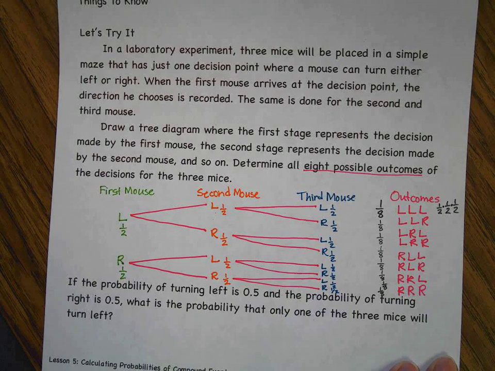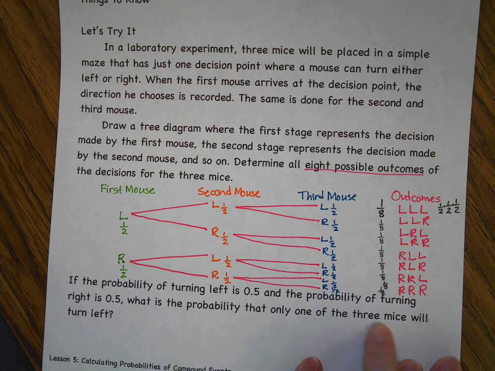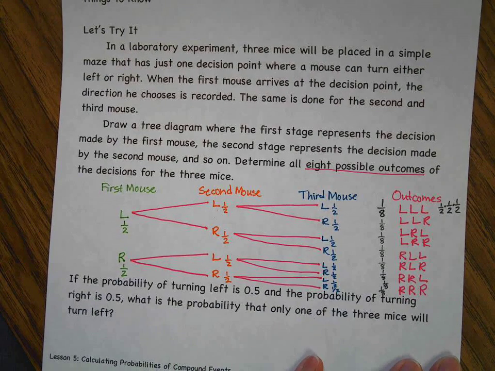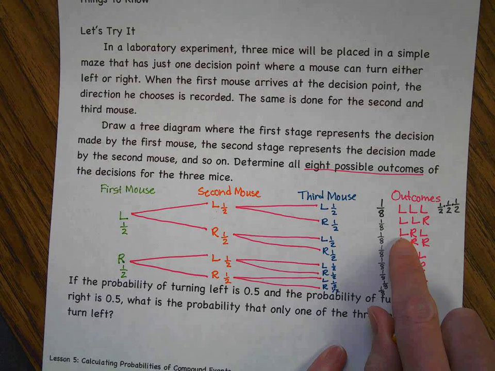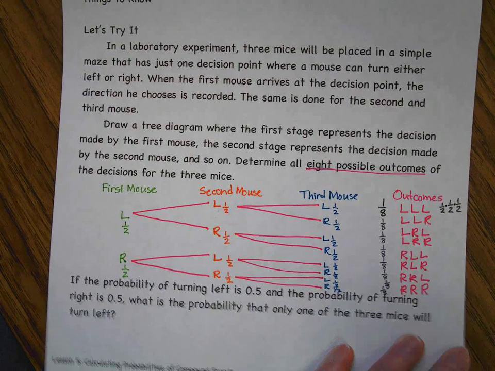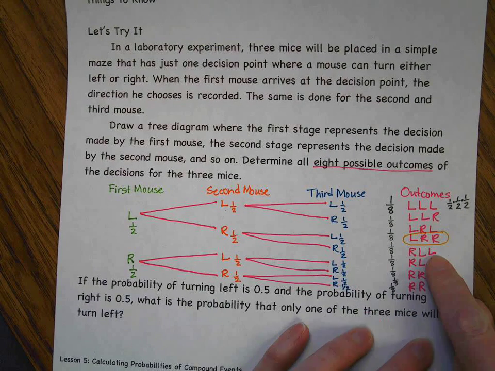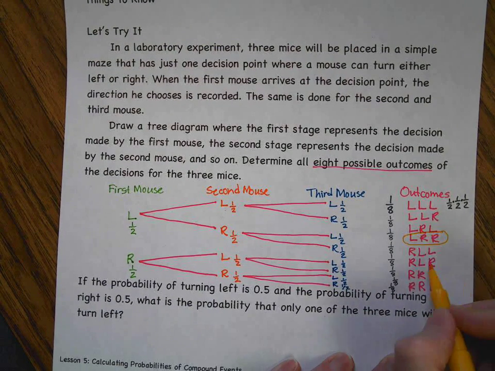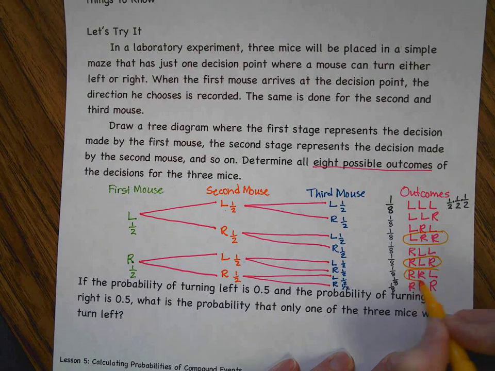So how do we figure that out? What would we do? That's what I'm looking for from you, because we're trying to find the probability of compound events. You have to take the information that you know and figure out what the result would be. Well, this is 1/8, this is 1/8, and this is 1/8. There are 3 different outcomes, so that might give you some ideas to think about.